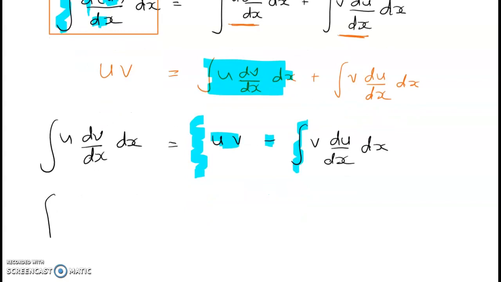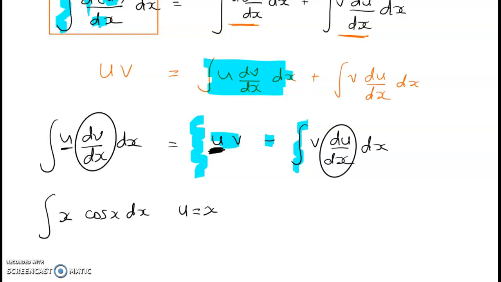Well, we had x times cos of x dx. And in this one, this u is going to sit here the same in the first bit, and then it's going to get differentiated in here. So in here we chose u was equal to x, and dv by dx was cos of x.